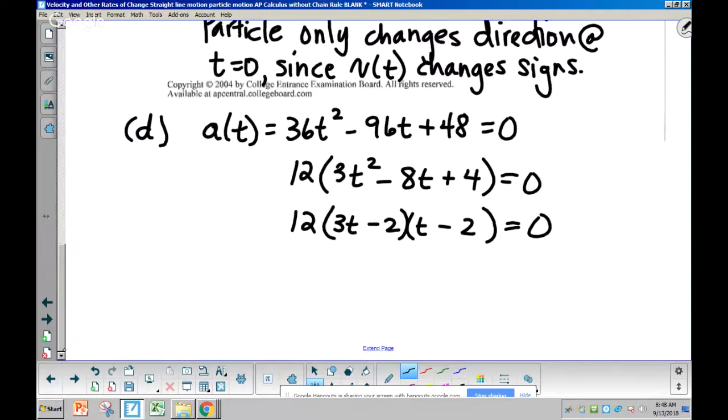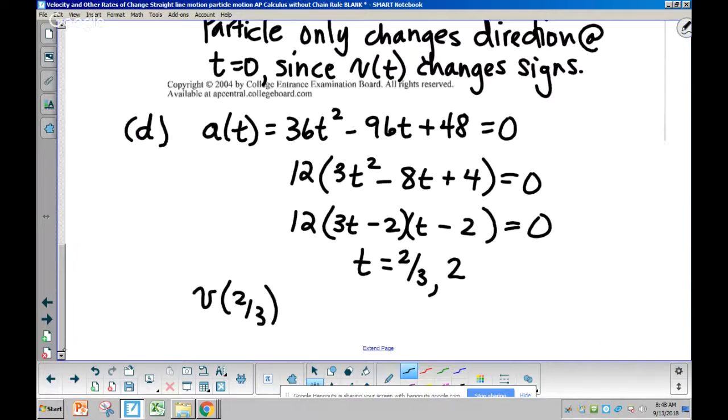Yes, that was very nice. So that's going to be when 3t minus 2 is 0, which is 2/3, and 2. So when is the acceleration first equal to 0? At 2/3. So now I need v of 2/3.